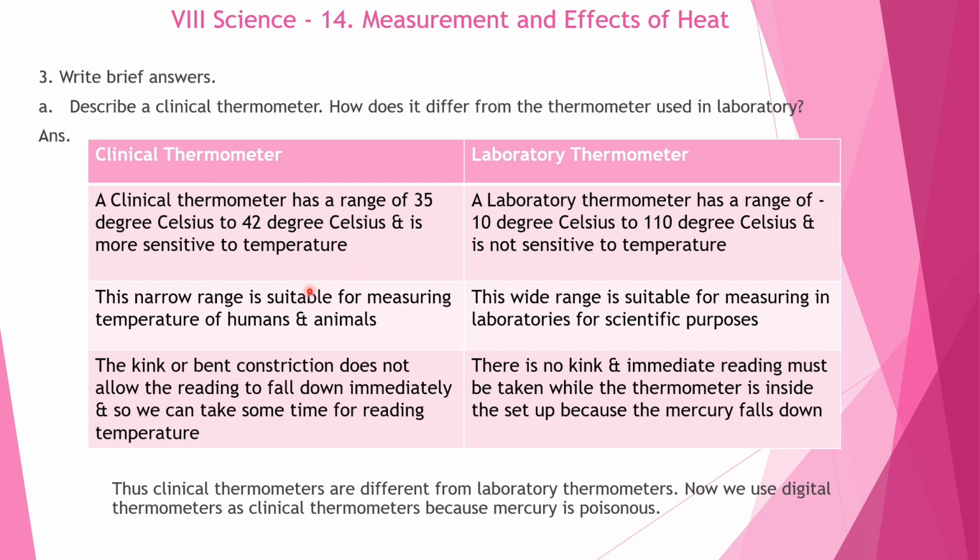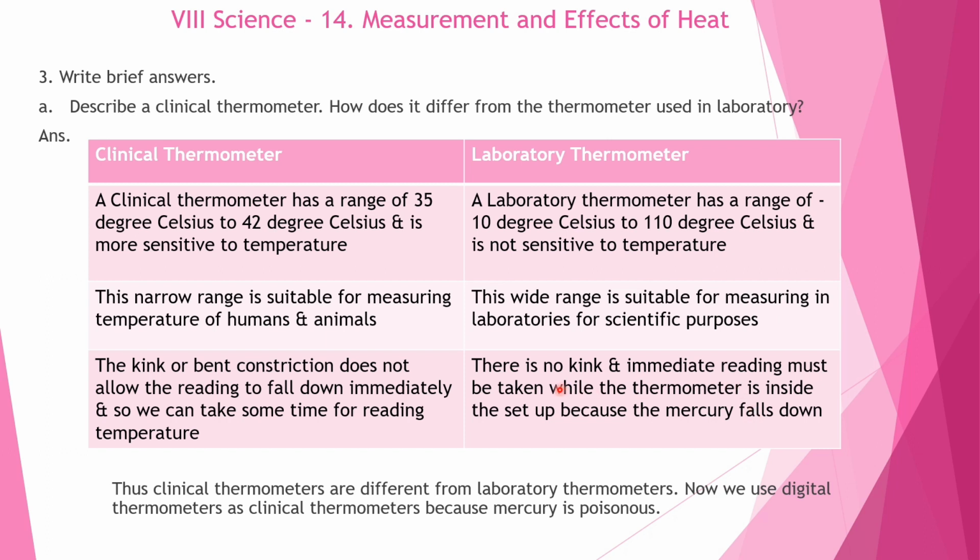Very small range. The kink or bent constriction does not allow the reading to fall down immediately, and so we can take some time for reading temperature. There is no kink and the reading must be taken immediately while the thermometer is inside the setup because the mercury falls down. Here, children, there is no kink in the laboratory thermometer.